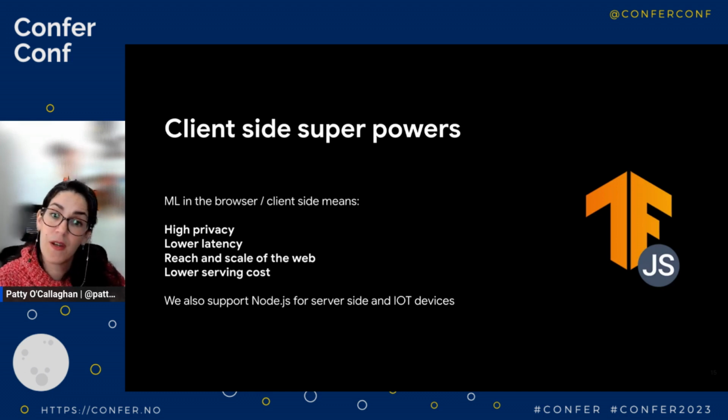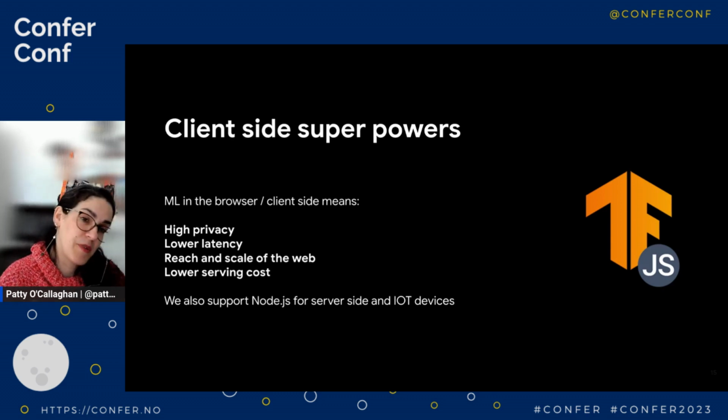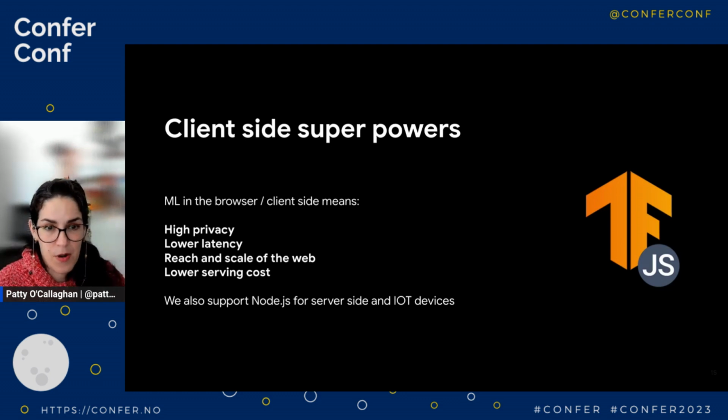All of the classification made by the model is going to happen on the device. So that means that obviously the data stays private. In the example that we're going to be doing today, all of the classification will happen in my browser or in your browser. So the video or the images are not being sent anywhere. So that's amazing, obviously high privacy.